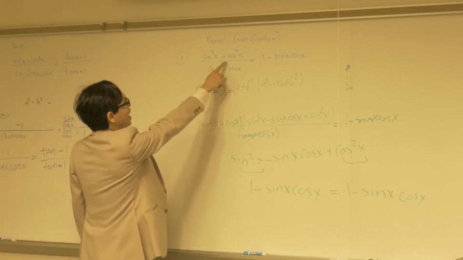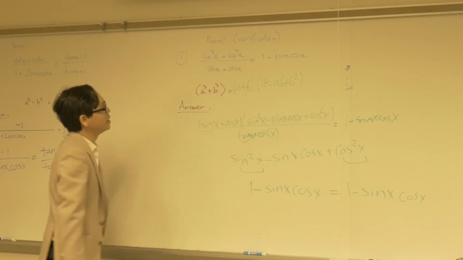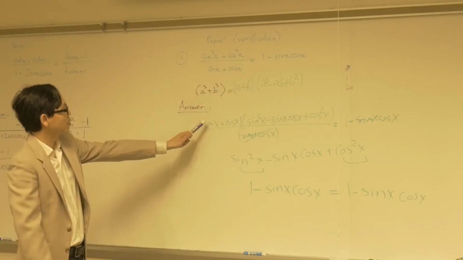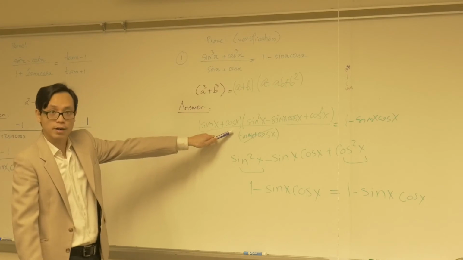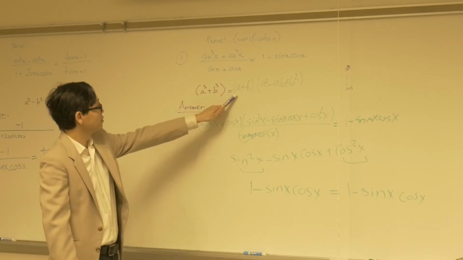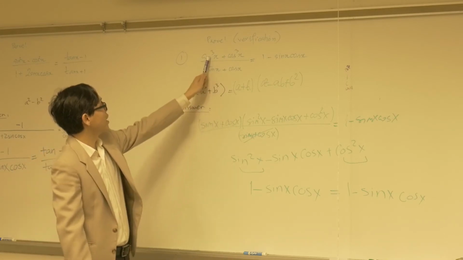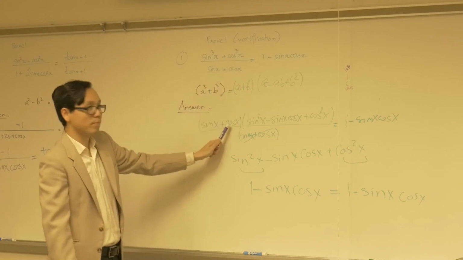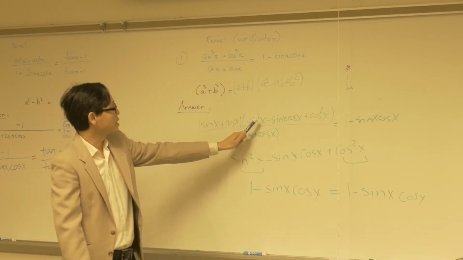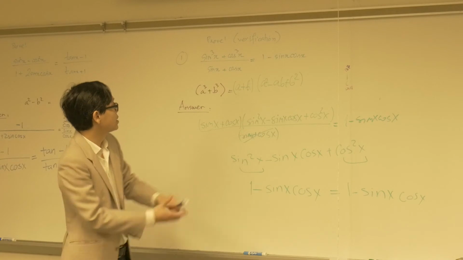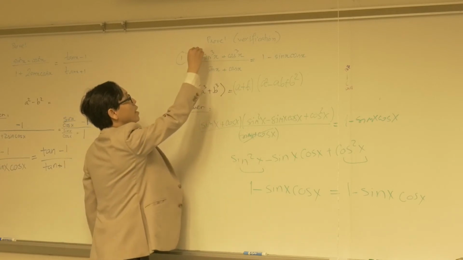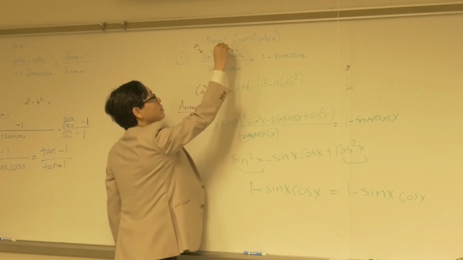So they said the sine and cosine are A and B, so they split up, so A plus B. Everybody agree? A plus B, because it's A cubed plus B cubed, so A cubed plus B cubed is A plus B times A squared. So A is sine right here. This is your A. This is your B. Okay.